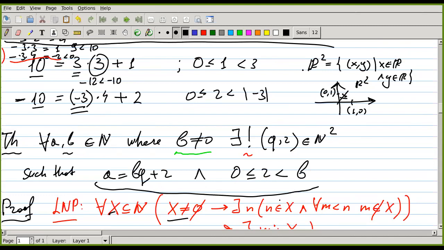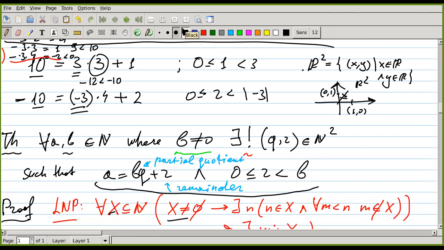For every two naturals A and B, where B is not 0, it is possible to uniquely determine Q and R. Q is called the partial quotient, and R is called the remainder, as it remains after the division. Is it clear?